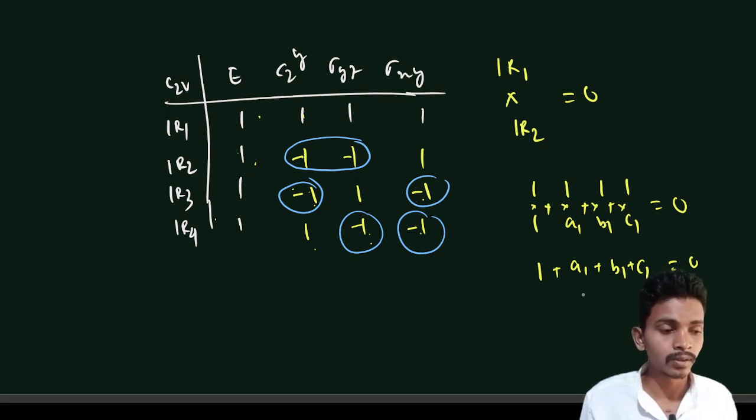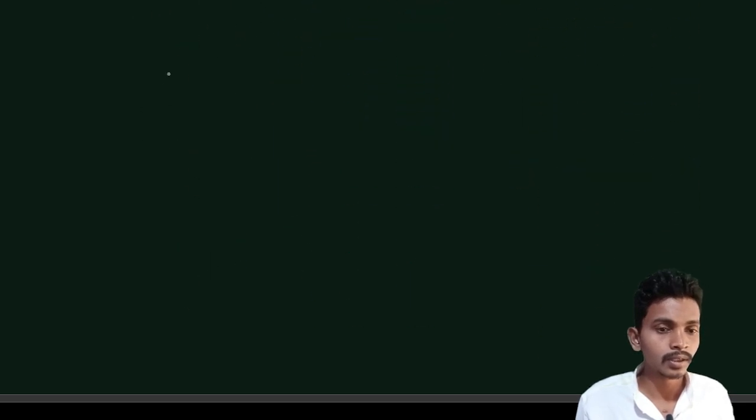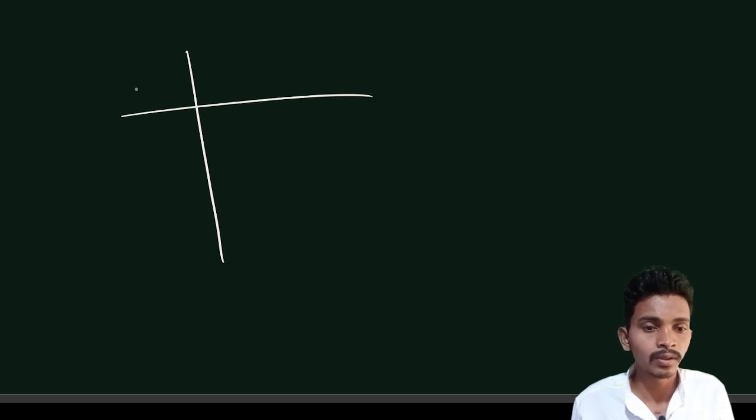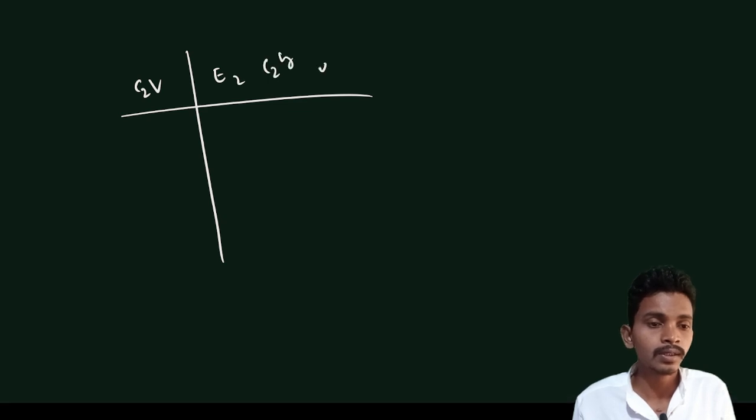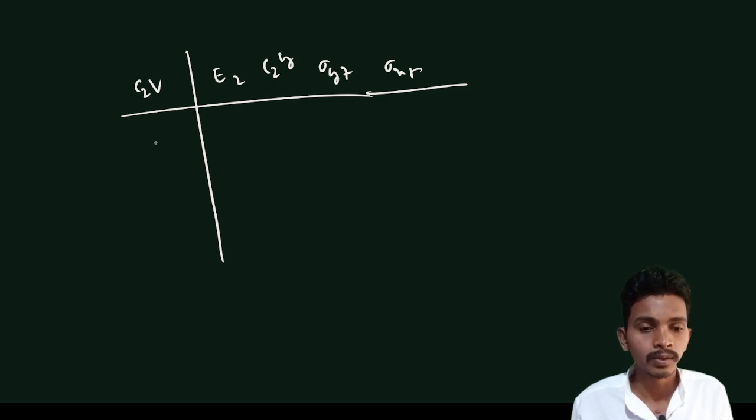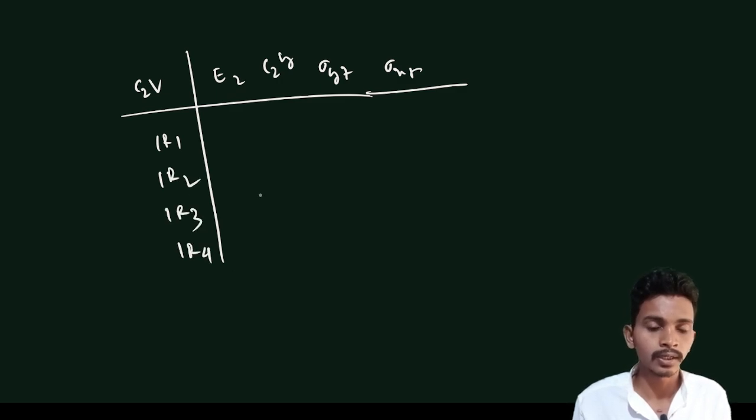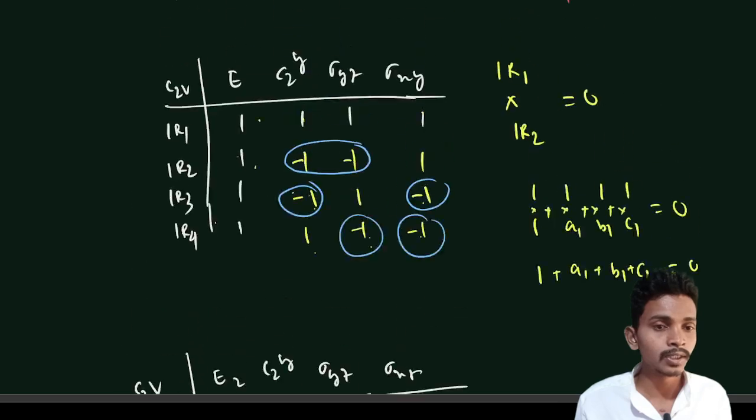Okay. So the remaining parts of the table we have done. This is C2v; here we have E, C2, sigma xz, sigma yz, and IR1, IR2, IR3, IR4. And this row is 1 1 1 1. This is always all 1 for the totally symmetric irreducible representation.